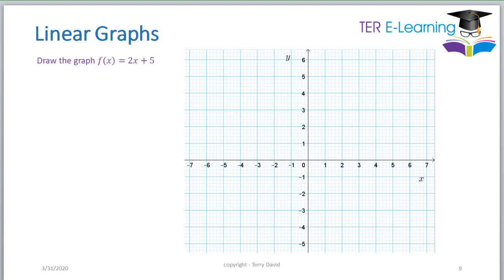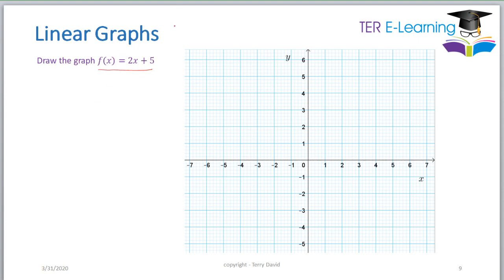So in this question, the question is, draw the graph f of x is equal to 2x plus 5. Now, the last two sessions in class, we were talking about functions, right? And typically, we represent a function by saying f of x is equal to something. So in this case, we have a function, and the function f of x is equal to 2x plus 5, right?